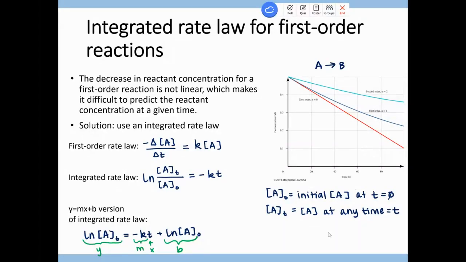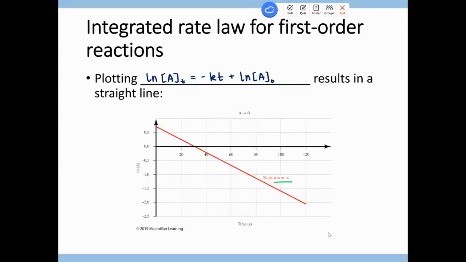The only difference here, these two things will calculate the same way. Remember that a natural log of a fraction is equal to natural log of the top minus natural log of the bottom. And then we just added the numerator or the denominator to the other side. We'll do that in one of the problems today. So that's for the first order reaction.